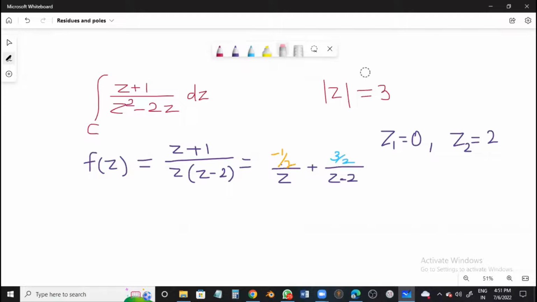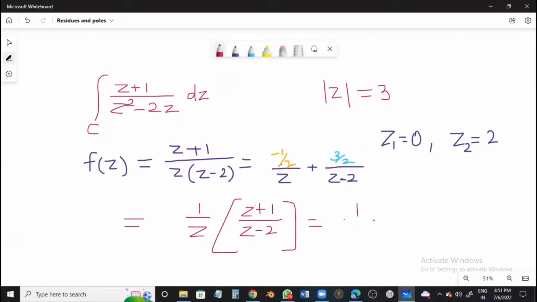Are you getting my point? Instead of Z, I want Z minus 2. So what should I do? I'll write this as 1 by Z times Z plus 1 upon Z minus 2 is there. Am I correct? Have we done such kind of things?